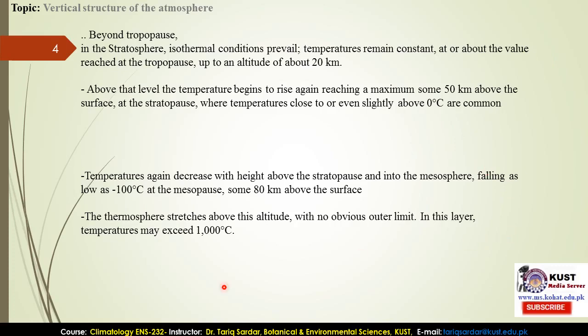Above that, the last part is the thermosphere. It is also called the ionosphere or exosphere. It stretches above this altitude with no obvious outer limit. If you go above 80 kilometers, there is no obvious limit, but as it goes upward, the temperature also goes along.